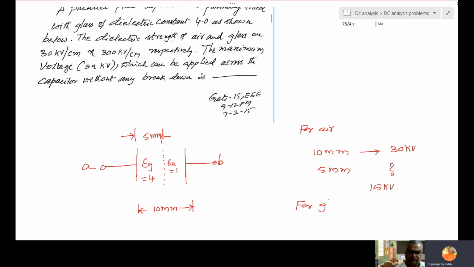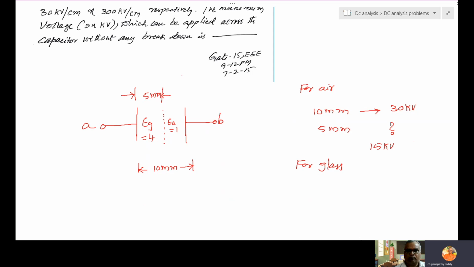Then for glass, 10 mm, what is the breakdown? 300 kV. Here 5 mm is how much?